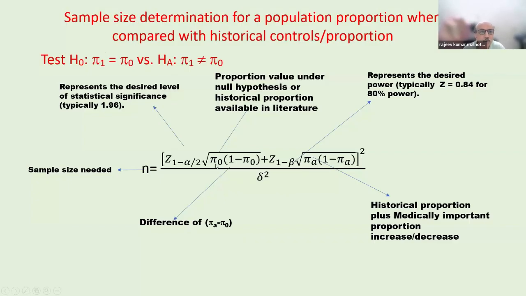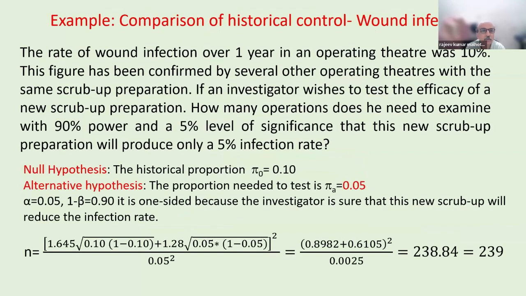The P0 is my historical population proportion, and pi A is my alternative hypothesis, that is pi 1. So we substitute all these values and you get the sample size that is needed for this one-sample population comparison. I will explain with one example, that is a better way.